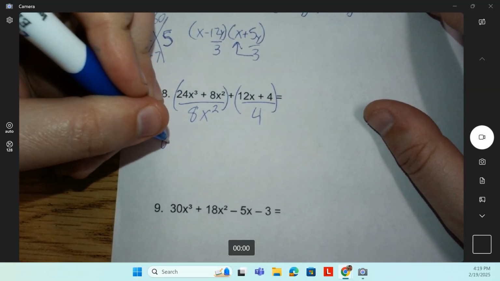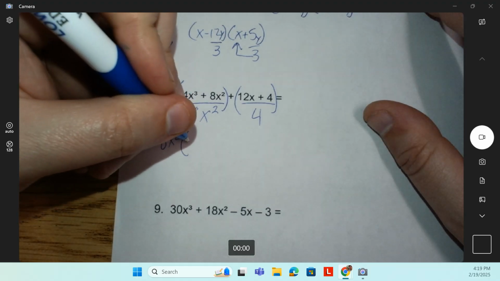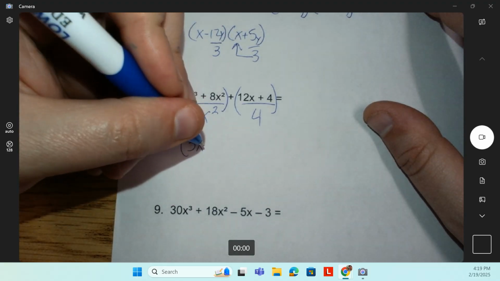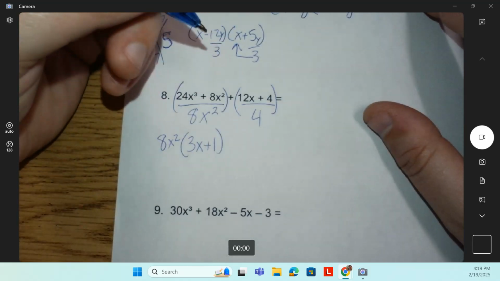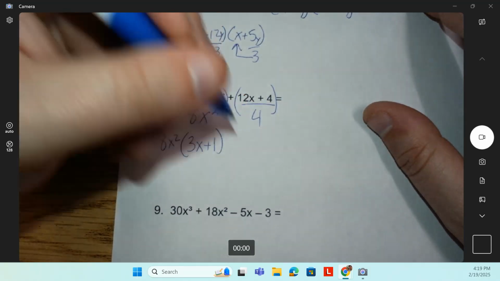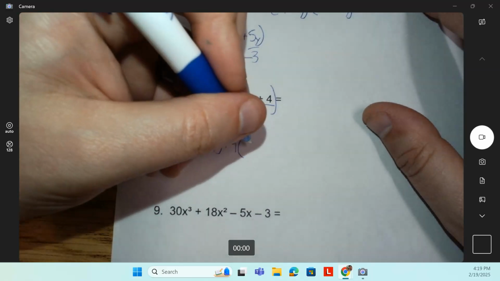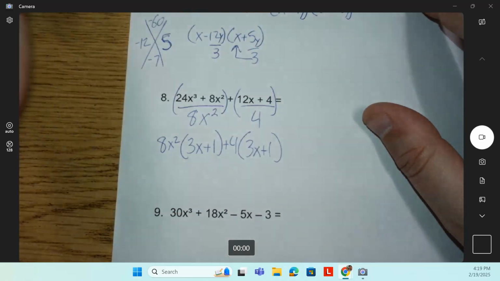So that gives me 8x squared. 24 divided by 8 is 3, and then so 3x plus 1. And I'm going to put the plus 4. 12 divided by 4 is 3x plus 1.